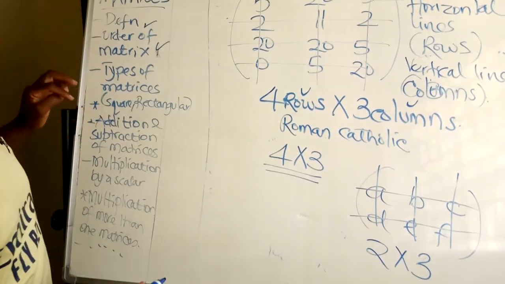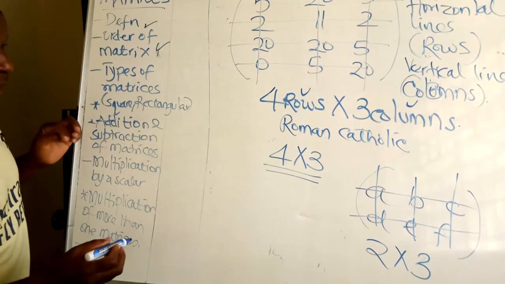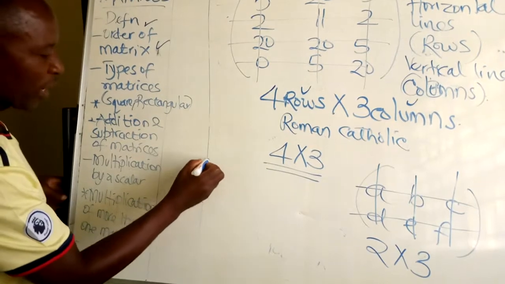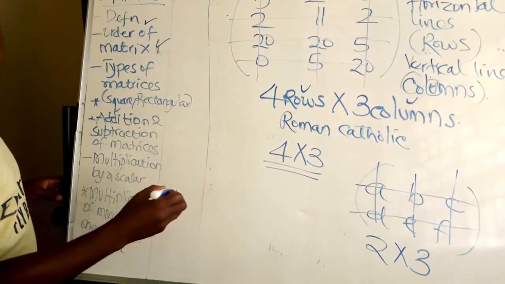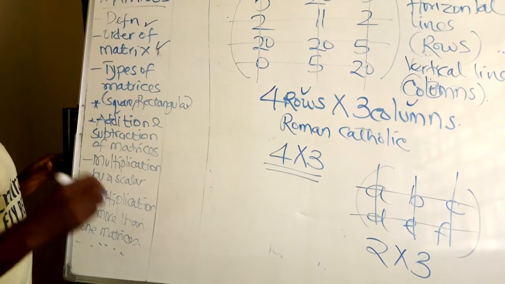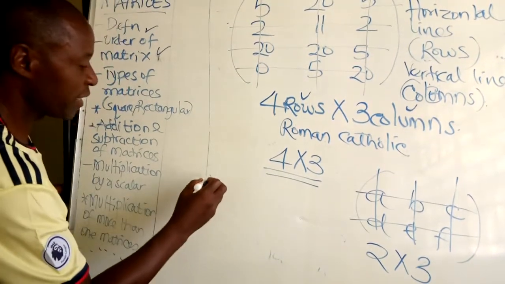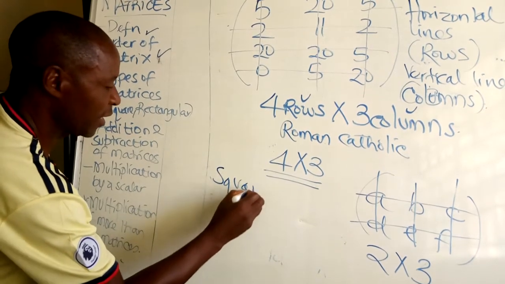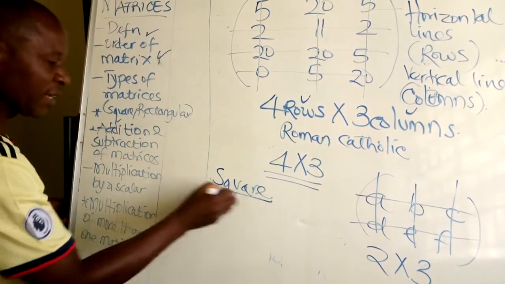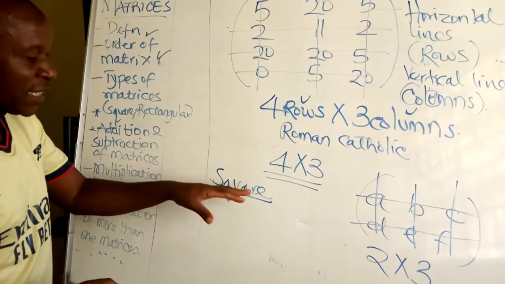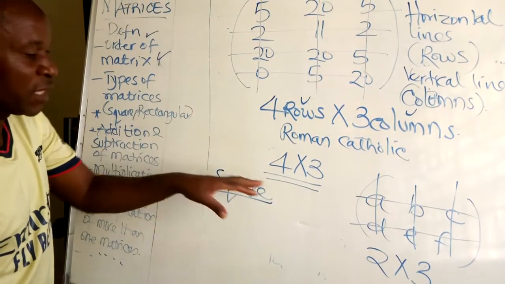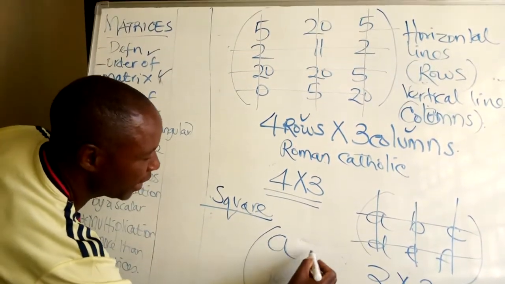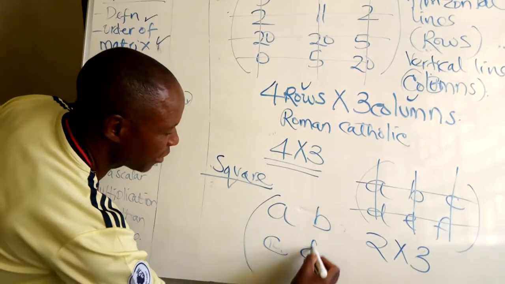Types of matrices. The matrices we are going to look at, we are going to name according to the order. The first is a square matrix, which means it has the same number of rows and the same number of columns. For example, I have a matrix a, b, c, d.